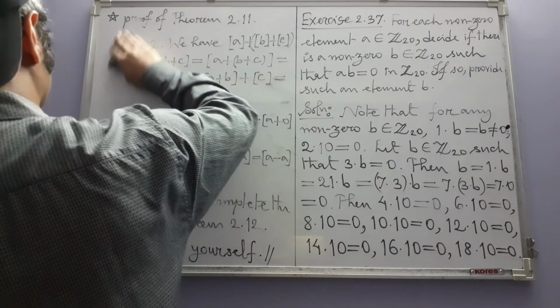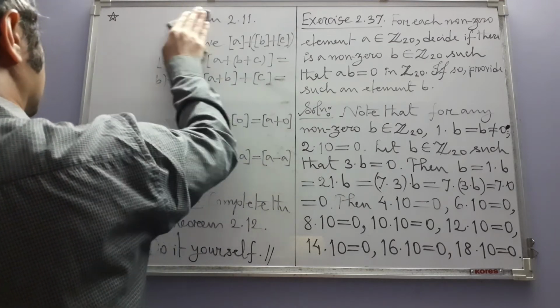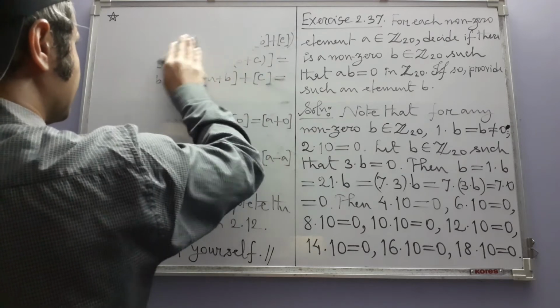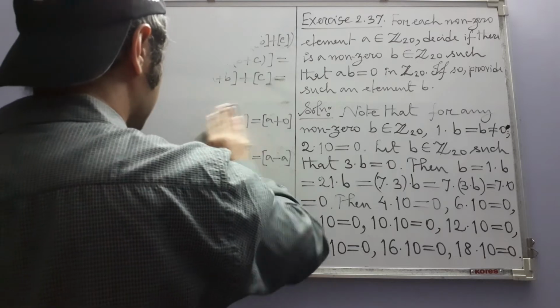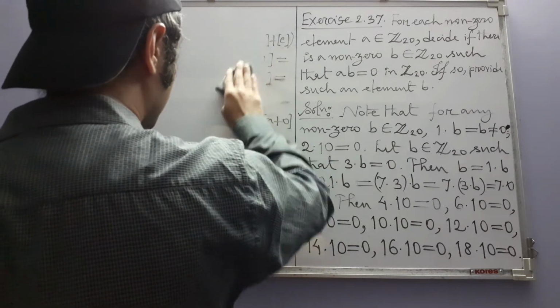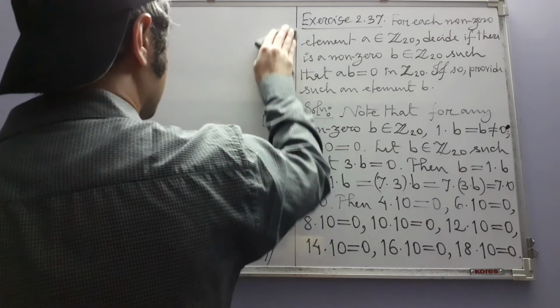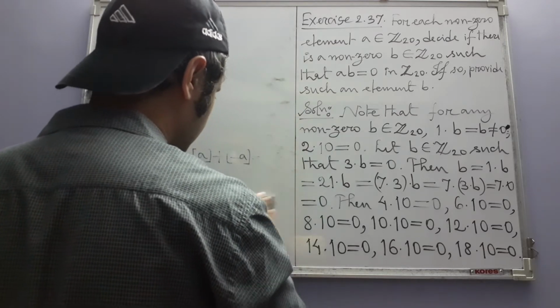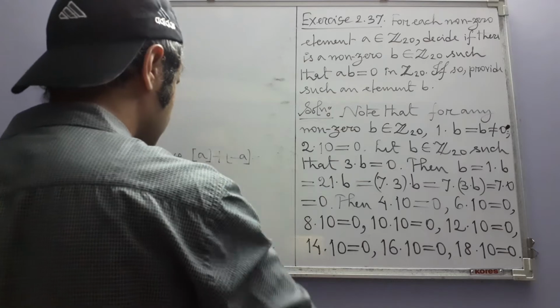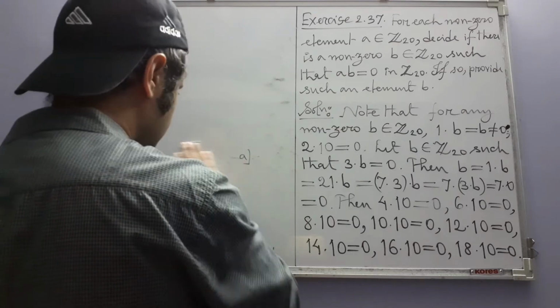So if we want to call these elements 2, 4, although these are congruence classes, even congruence classes, then for each one of them the b that works for us is 10. Other b's may also exist, but we just need one b.